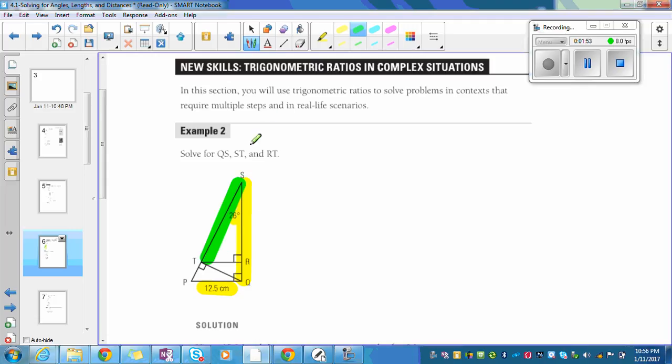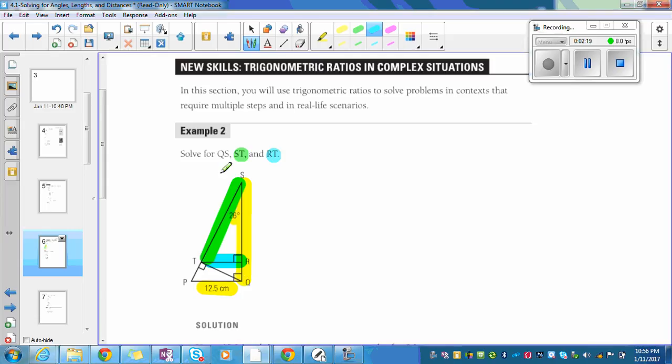The last one we're looking at solving for is length RT. RT is right here. It's part of this triangle here, but it's also part of this little triangle in here as well. So we'll try to figure out how we can do a couple of things and see where it goes.